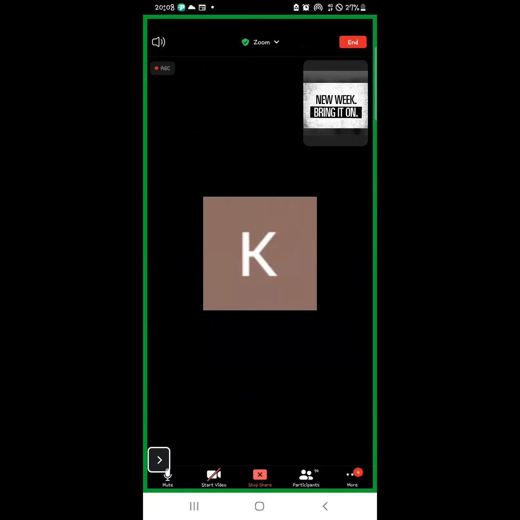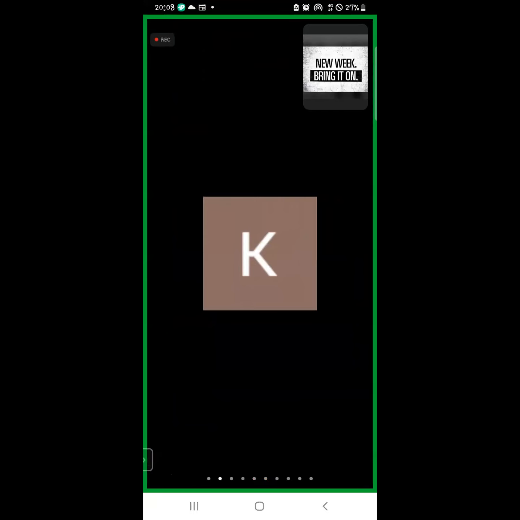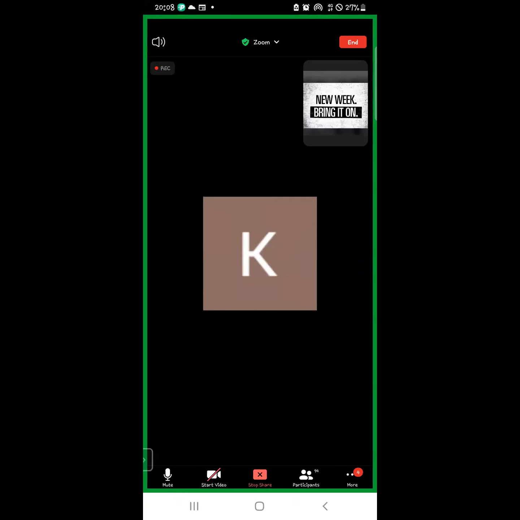Can you see? Is it showing there? Yeah, it's showing. Wait, now we can't see it. It's showing only the Zoom part of it.